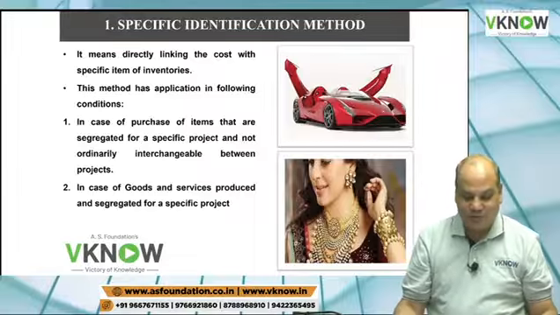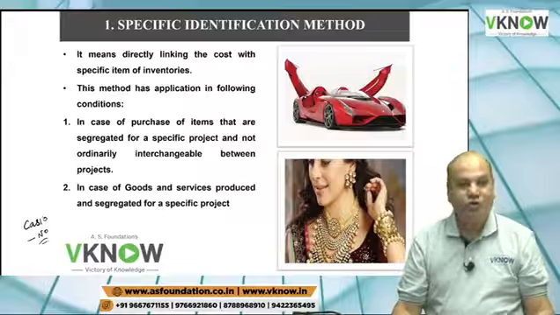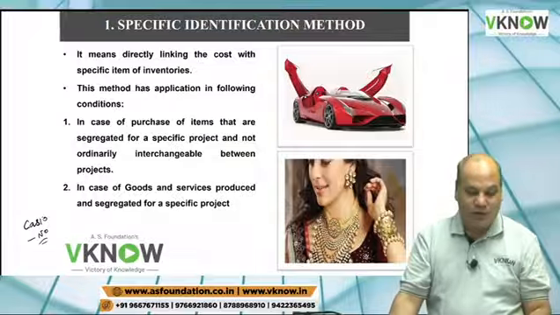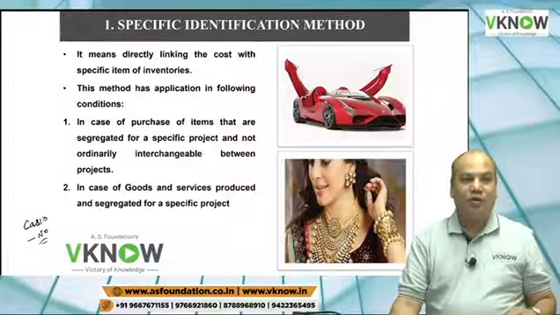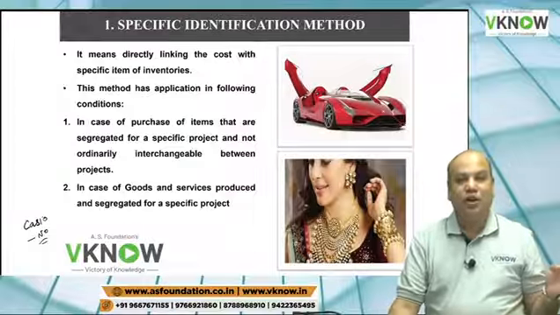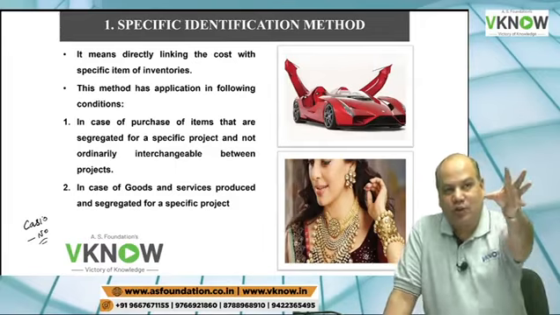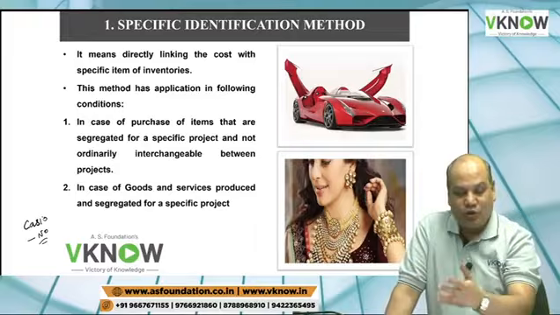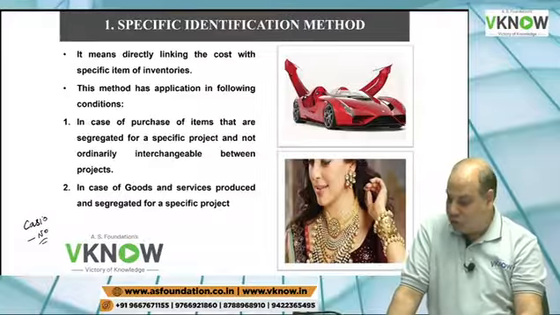The answer is no. Casio calculator company cannot use specific identification method because they manufacture in large quantity and goods are interchangeable. The moment a customer goes, they will pick up from the shelf and give it to you. So it doesn't matter who comes first or who comes later. So you cannot follow this.